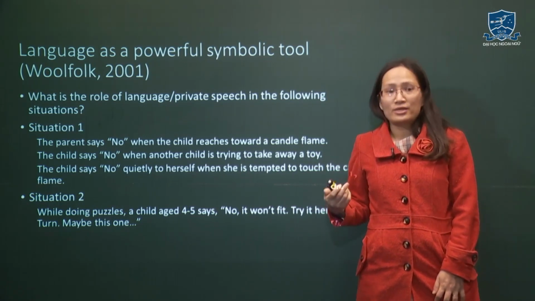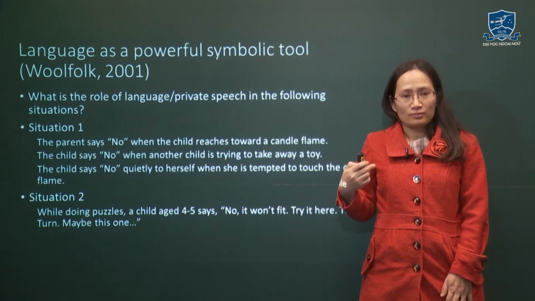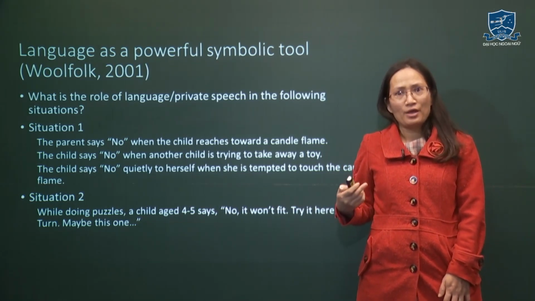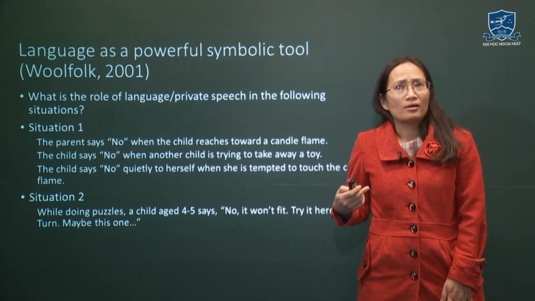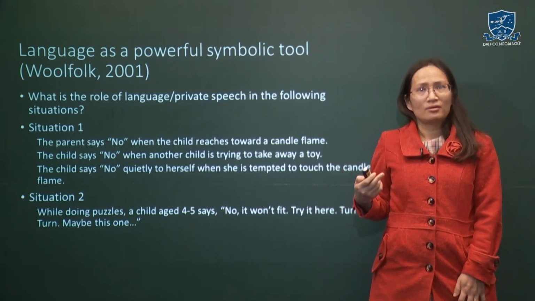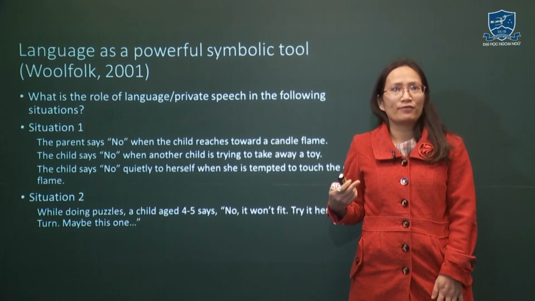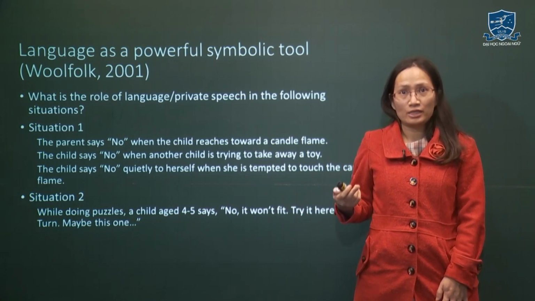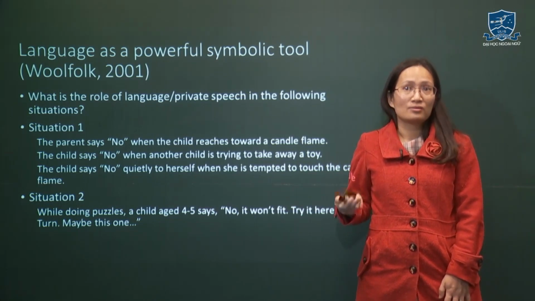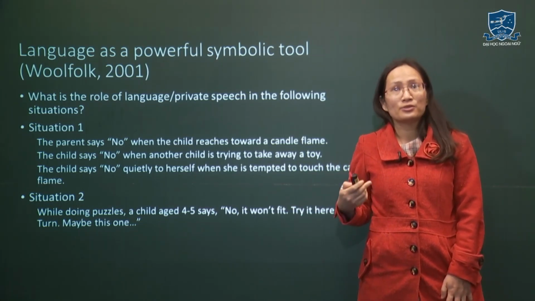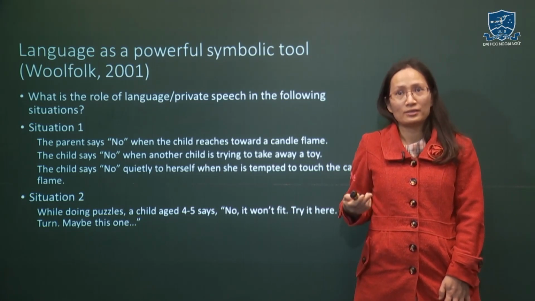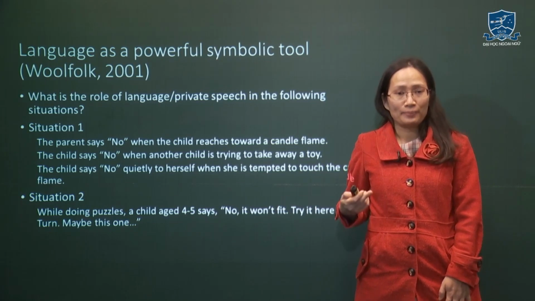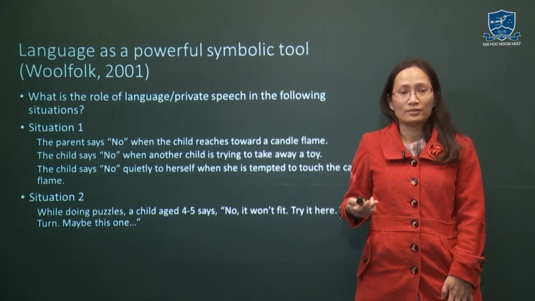In another situation, when the child is tempted to touch the counter flame, because she has internalized the meaning of the word no in previous experiences, this time she can say no quietly to herself, so she didn't touch the counter flame.